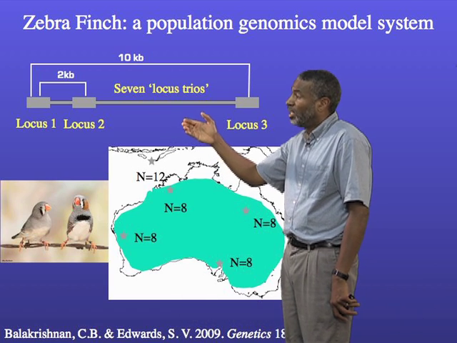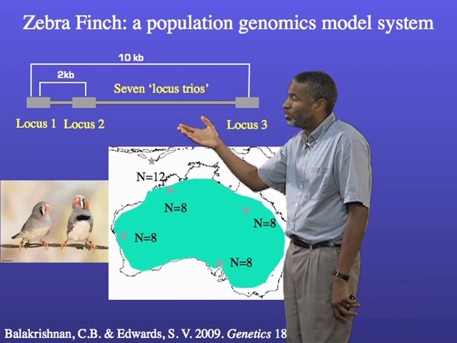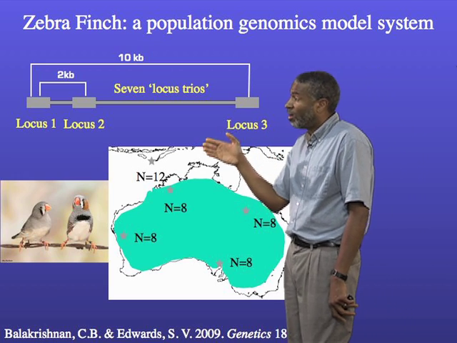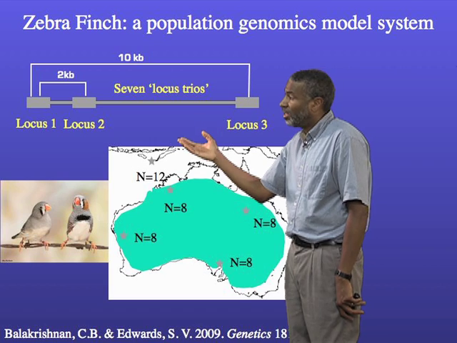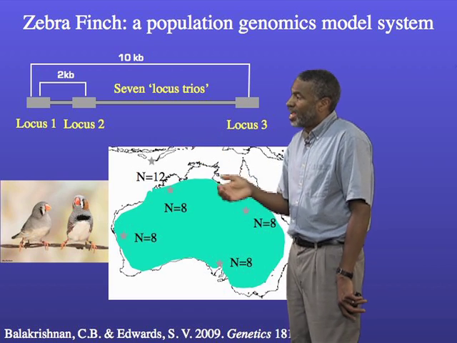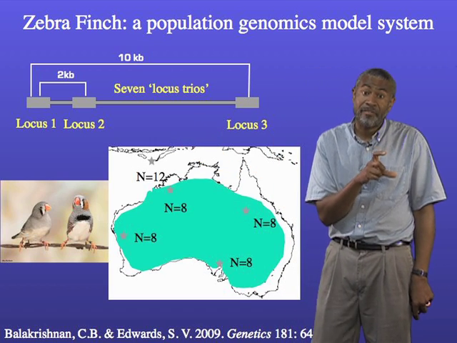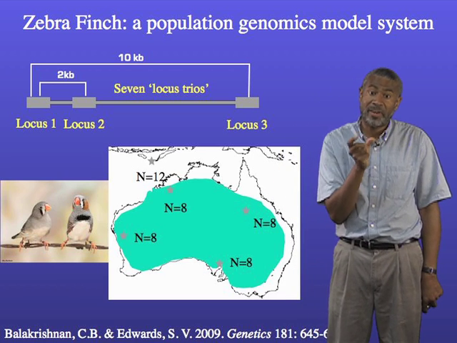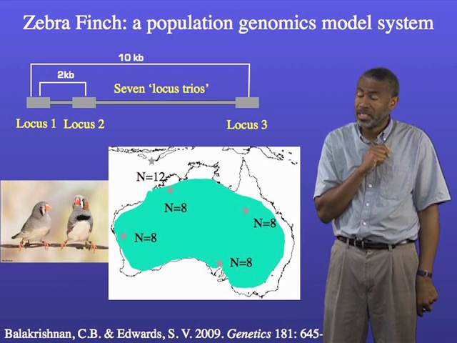KB stands for kilobases, or 1,000 base pairs. And we know that locus 1 and 3 are, in this case, 10,000 base pairs apart. This information we didn't have for the 3 case studies we just saw. But as you'll see, it provides us a lot of very useful information.